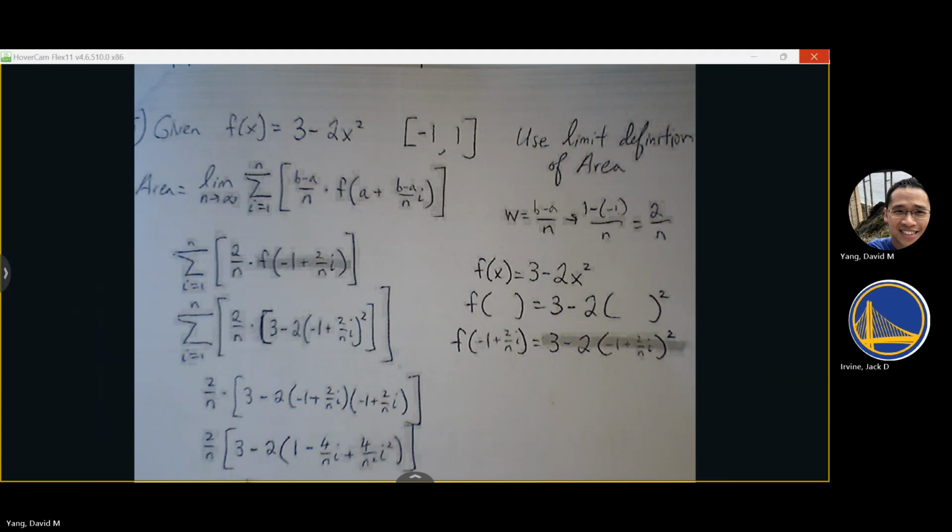From here, we're taking this -1 plus 2 over n times i, inserting it into the x, and then we're replacing this in for this function. So 3 minus 2x squared.